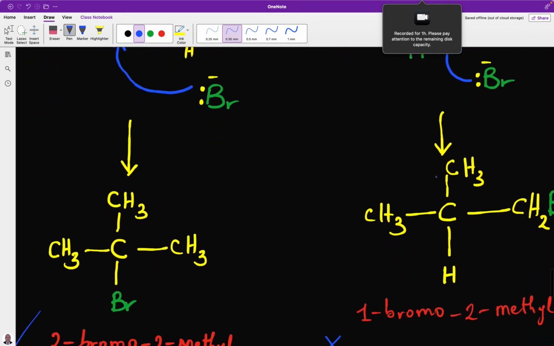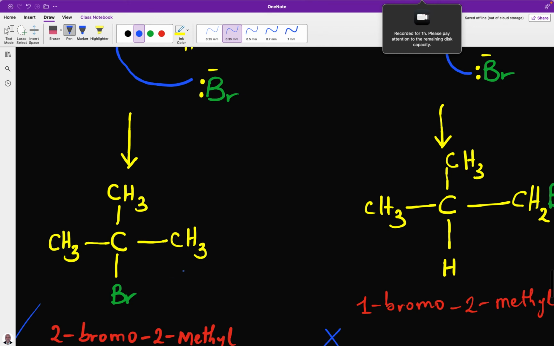And we are told 2-bromo, 2-methyl propane is our main product and is the major product. It is highly stable because of the inductive effect of the methyl groups. This one is less stable, and it is the least stable product.